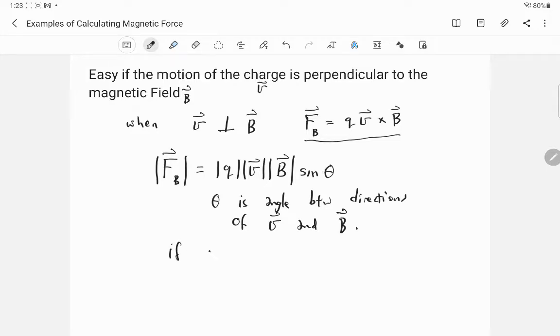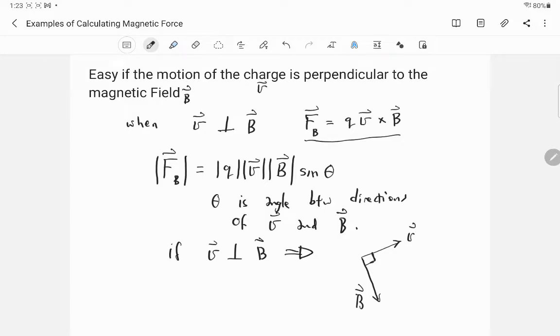So if the velocity is perpendicular to the magnetic field, what this implies is that, for example, if the velocity is this way and the magnetic field is this way, there is a right angle between, right? That's how the velocity and the magnetic field can be perpendicular, if there's a 90-degree angle between the directions.